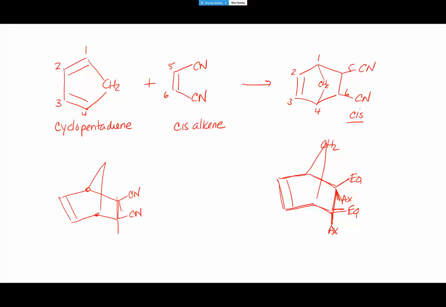And these two positions are below the plane of the ring. So the equatorials are above. The equatorials are actually on the same side of the ring as the CH2. And then the H's are on the other side of the ring.